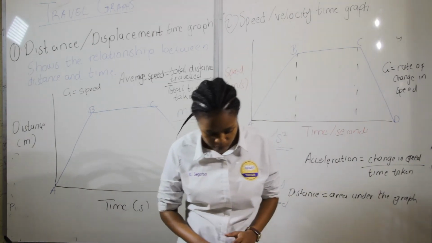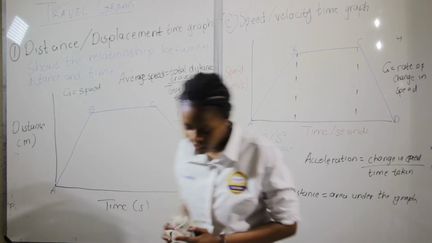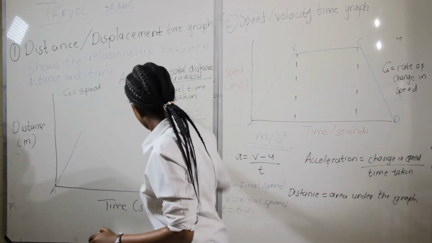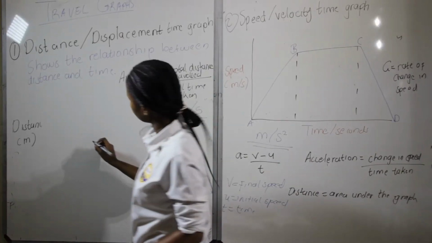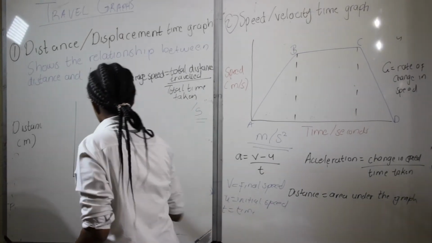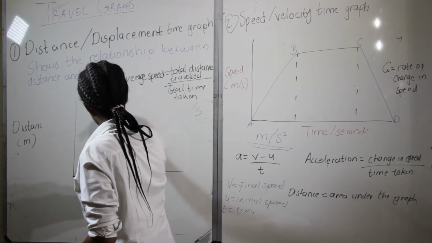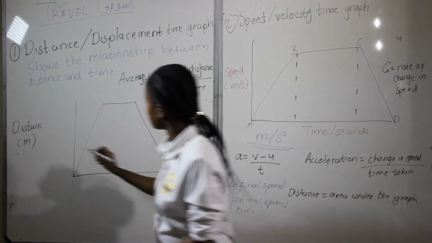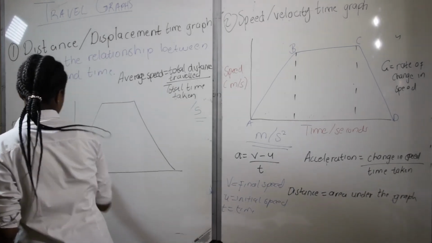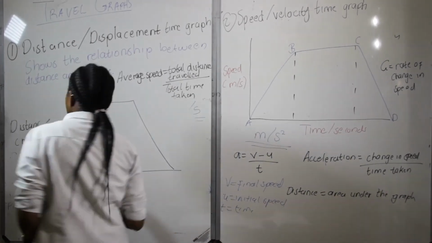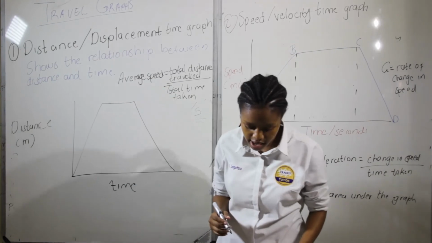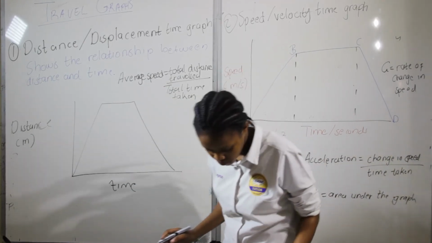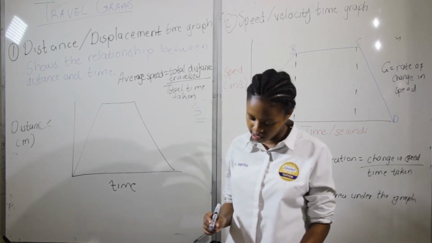For example, the question can say, calculate the speed of the body from the graph from 0 to 10 seconds.